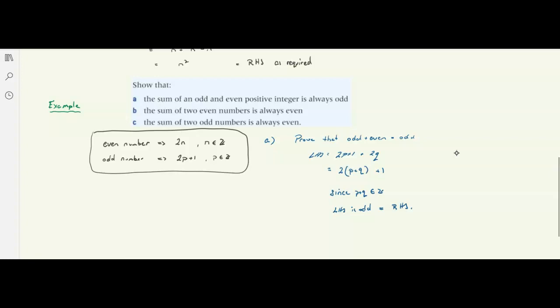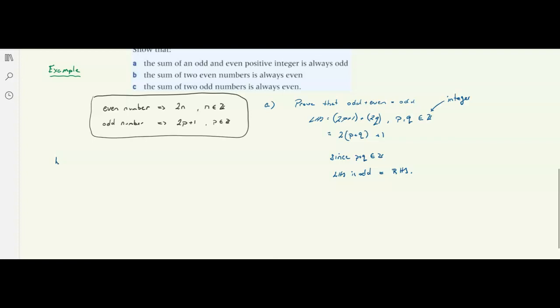Now the thing we should do is, whenever we introduce variables, we should define what they are. So when I introduced here that the left-hand side was 2p plus 1 plus 2q, which was my odd plus my even, I should note that p and q are integers. This symbol here is the symbol for an integer. These are fairly trivial once you get the hang of them.